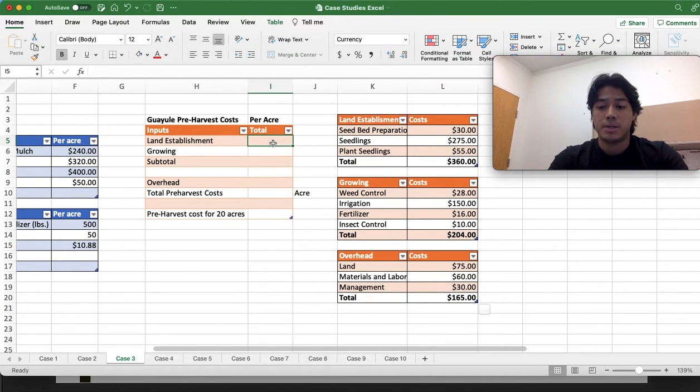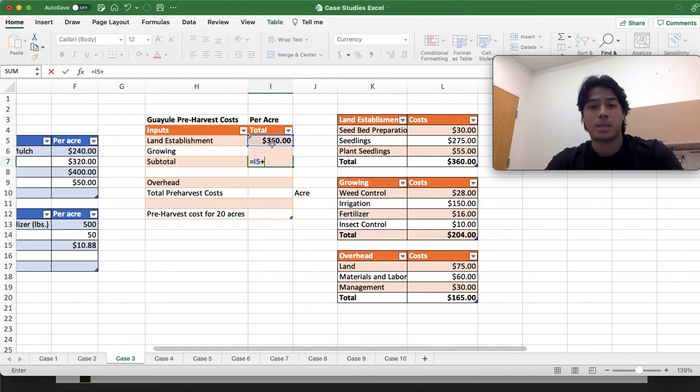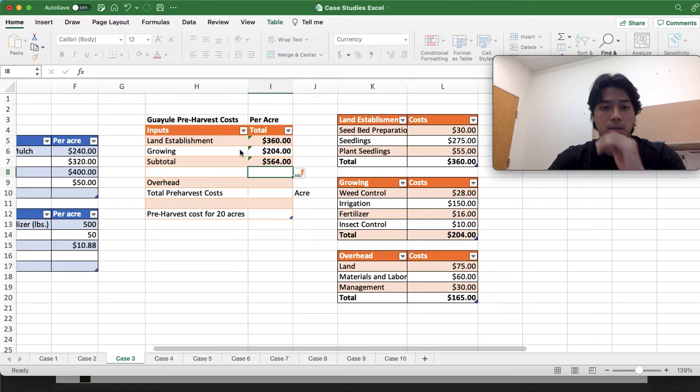Then establishment. We said that for the land establishment, it's going to be $360. For growing, $204. And the subtotal, how do you get that? Just add both values, this one plus the other value, and that's the subtotal.